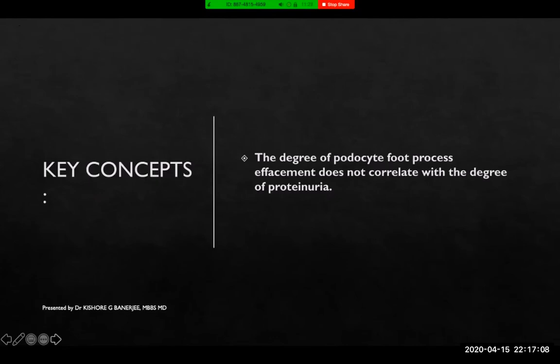Another finding they have seen is that the degree of podocyte foot process effacement does not correlate with the degree of proteinuria. This interesting finding came from studies by researchers at the University of Amsterdam in the Netherlands. They have not found any direct relationship between podocyte foot process effacement and the degree of proteinuria. But obviously it is a causative factor.